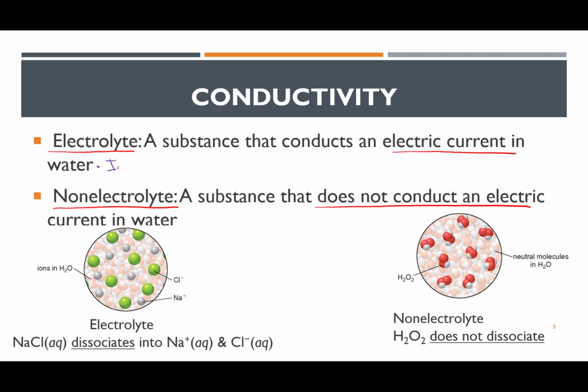Ionic compounds in aqueous state, strong acids also in aqueous state, and strong bases are all good conductors of heat and electricity, or they are electrolytes.